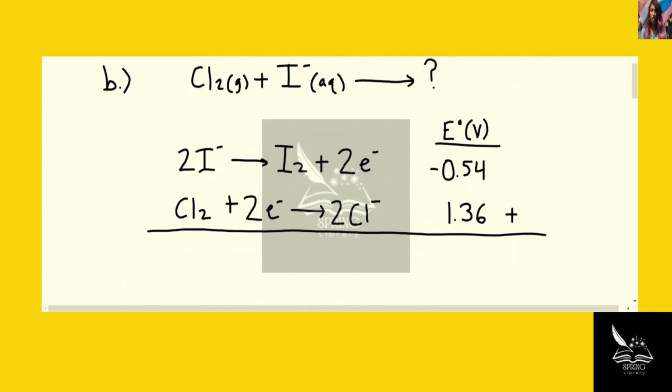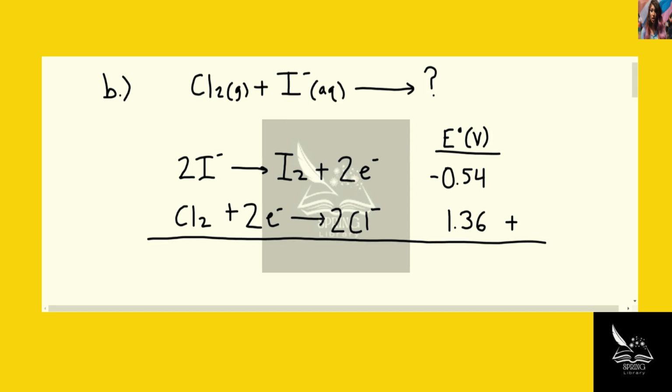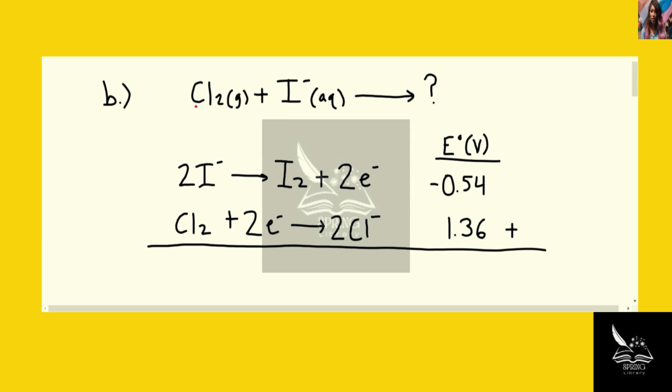Now, part B, we are told that we are putting Cl2 gas into a solution of NaI. So this time we start with Cl2 gas, and we have I minus in solution. From the half reactions in the standard reduction potentials table, we have Cl2 being reduced this time, and we also have I minus being oxidized to I2.